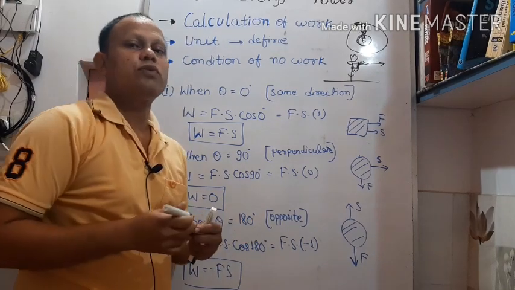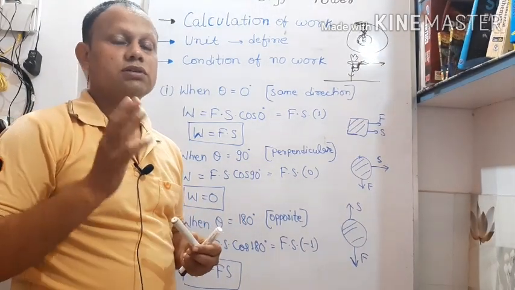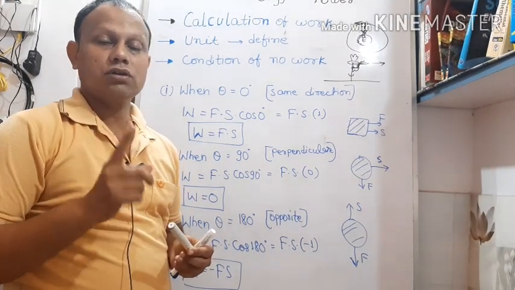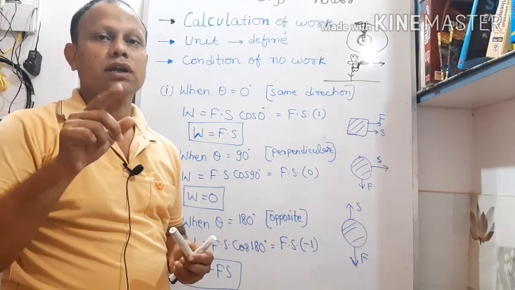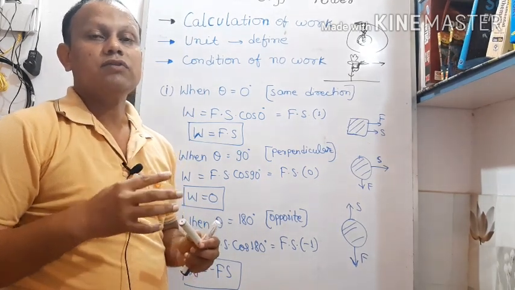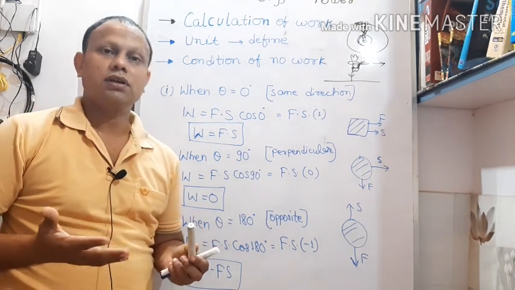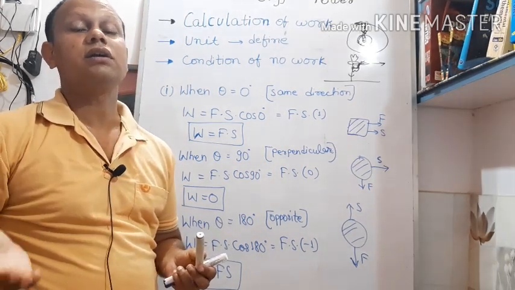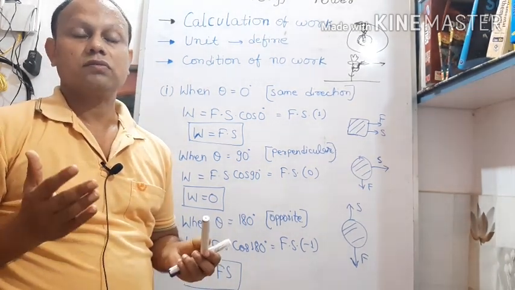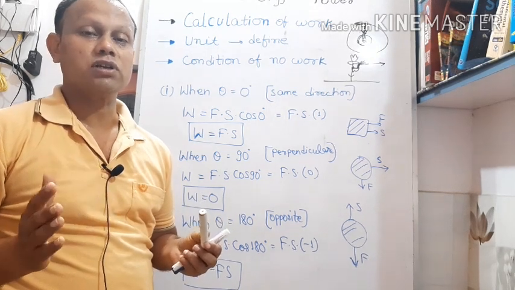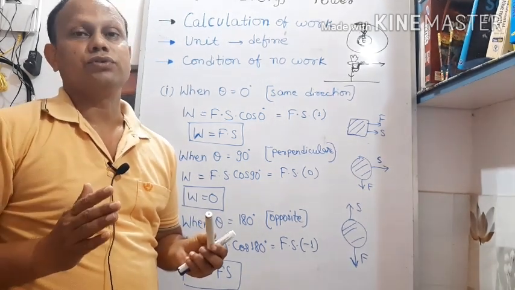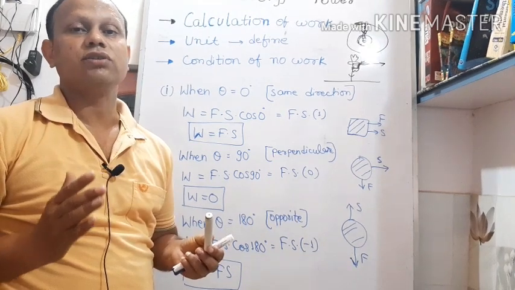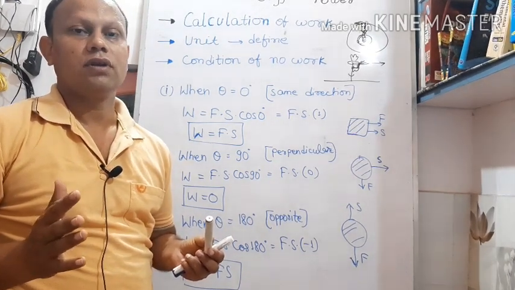So here also the work done by the centripetal force will be considered 0, because here also the force and the displacement are both at 90 degree. So whenever we see that a force is there and the displacement is taking place at 90 degree, this is the situation in which no work done is considered by the force, because force cannot displace any object at 90 degree.